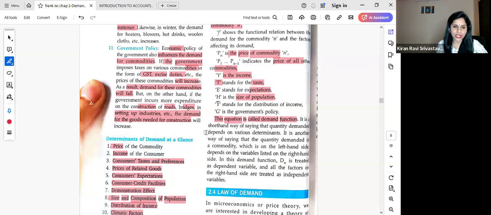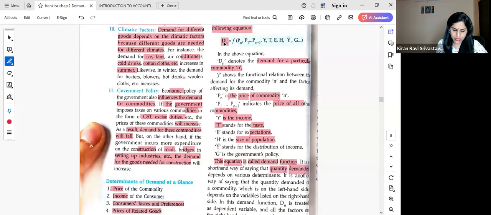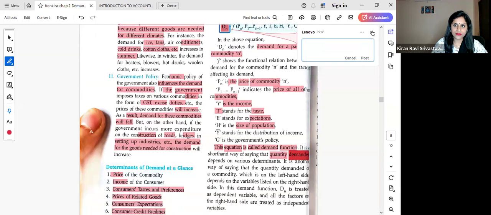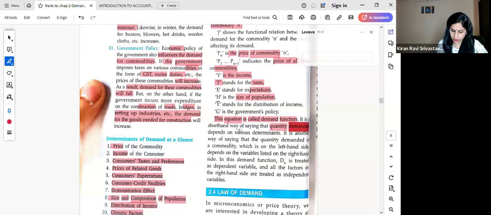Another way, it is a short form of saying that the quantity demanded, this Dn, depends upon the various determinants. How many determinants? Eight determinants according to the equation: price of the commodity, Pn; income of the consumer, Y; consumer tastes and preferences, T; E for expectation; H for size of population; bar Y is the distribution of income; and G is the government policy.